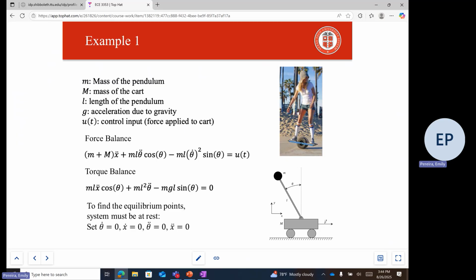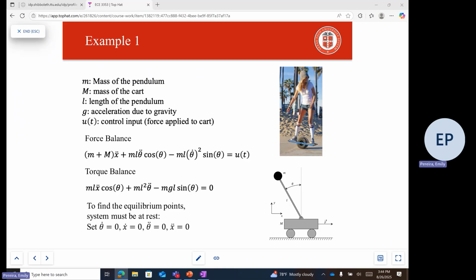Remember, x is the position of the cart. Theta is the angle from the vertical of the body of the person on the one wheel. All right, so these are the equations here, and we want to find the equilibrium points.